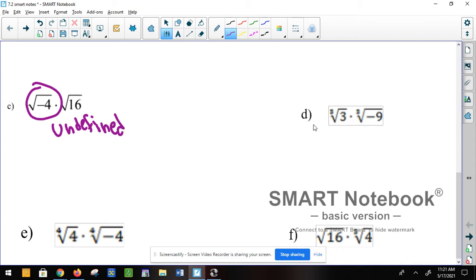There you go. Cube root of 3 times cube root of negative 9. Again, negative's okay underneath an odd root. So 3 times negative 9 is negative 27. Cube root of negative 27 is negative 3. All right.